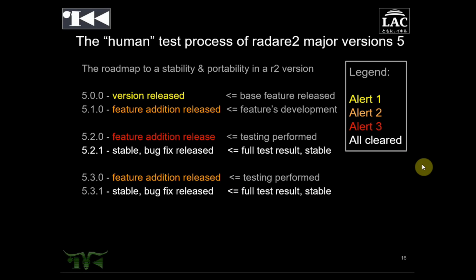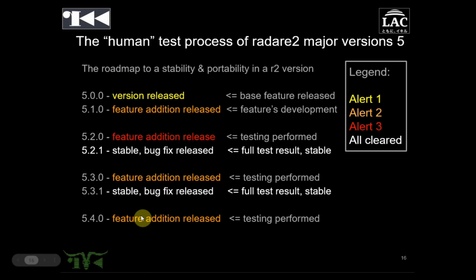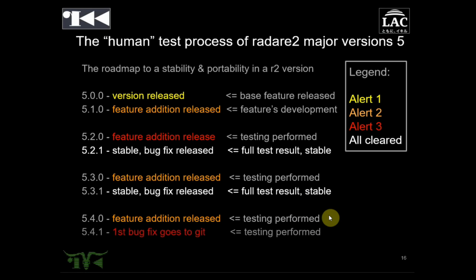And then another feature was added again, and as previously with the other platform, in this case a Windows environment, some changes were added there, so we think it is needed to perform another thorough test on every kind of the generic platforms, and we launched the test, and found that 5.4.1 is quite stable at that time.